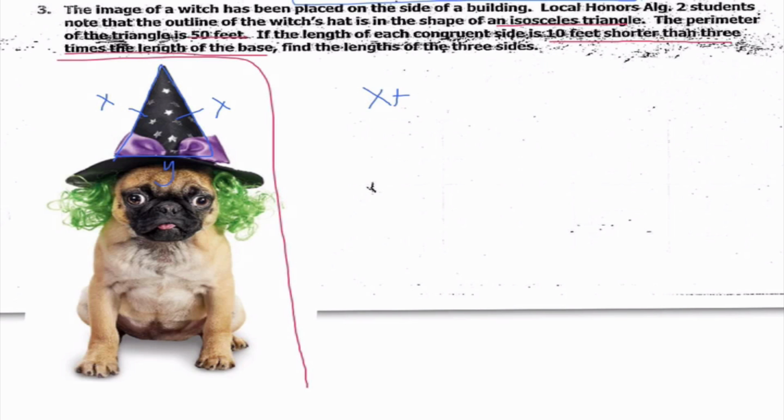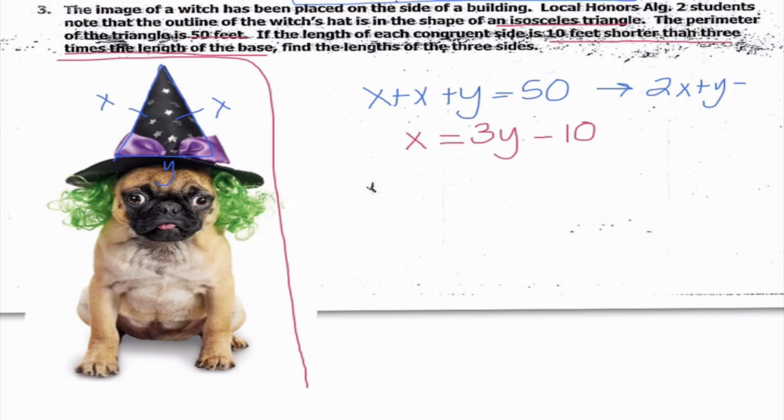The other equation says the length of each congruent side is 10 feet shorter than, so I know I'm going to have to do something minus 10, and it is 3 times the length of the base. So x equals 3y minus 10. Looking at this, I know my first equation is really 2x plus y equals 50.